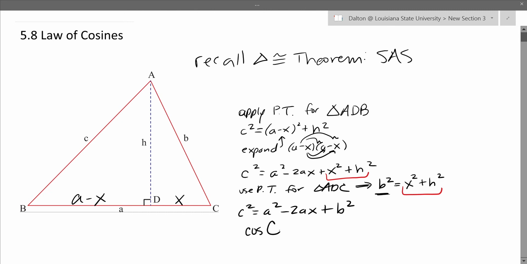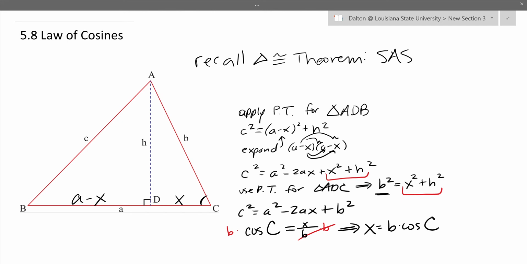So cosine of C, angle C here, adjacent is going to be x over the hypotenuse, which is b. And remember, we're trying to get rid of x. So if I solve for x here and multiply both sides by b, then that implies that x is equal to b times the cosine of C.